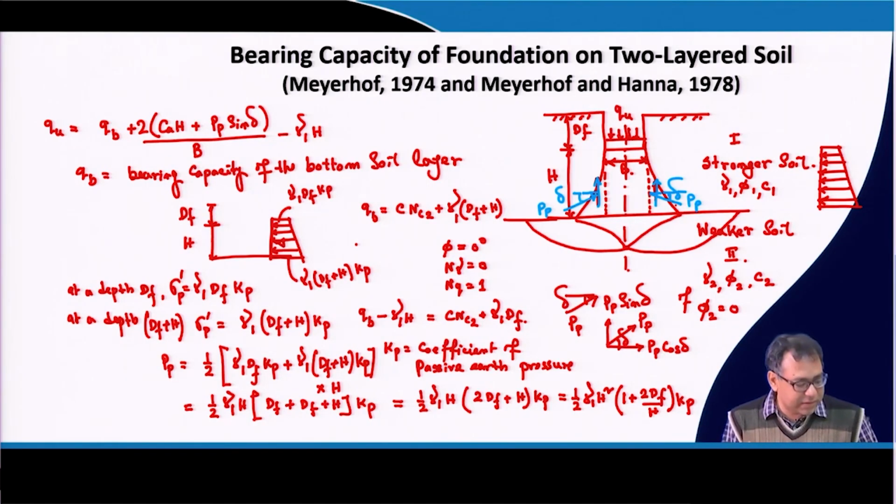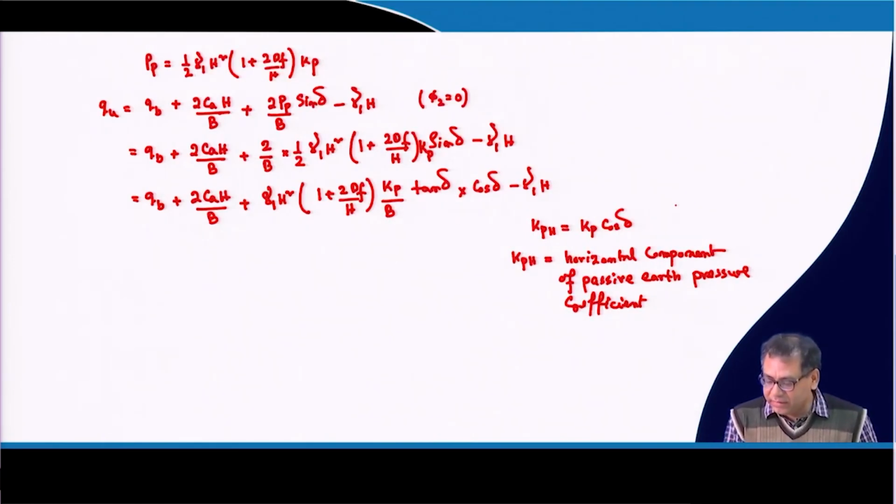Similarly, the earth pressure coefficient is also represented this way: Kp is the total or resultant component, which is acting at an angle delta.